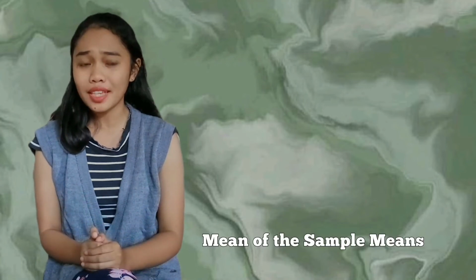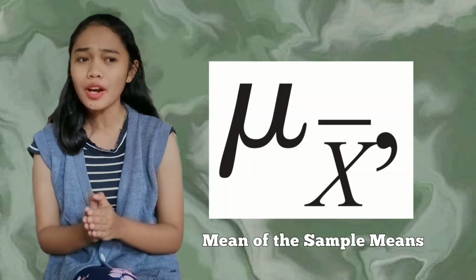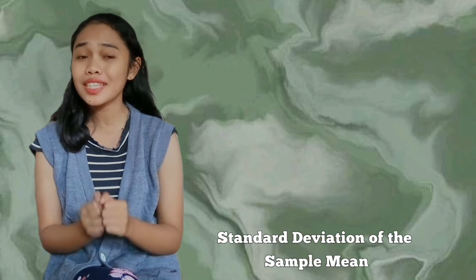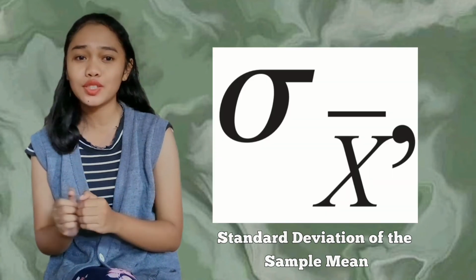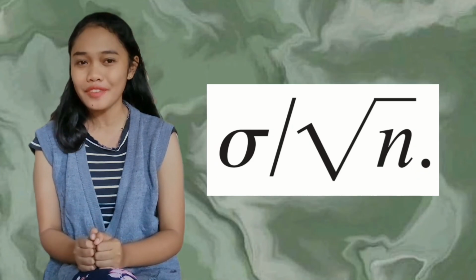If all possible samples of size n are taken with replacement from the same population, the mean of the sample means, denoted by mu x bar, equals the population mean mu, and the standard deviation of the sample means, denoted by sigma x bar, is equal to sigma over square root of n.